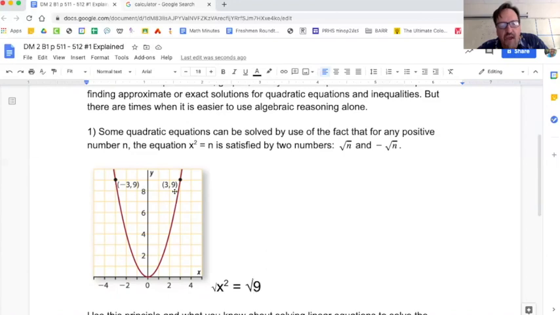If we look at this graph right here, let's say that this is the graph of x squared, and we're looking for where it equals 9. Can you see that the point 3, 9 is on that graph?